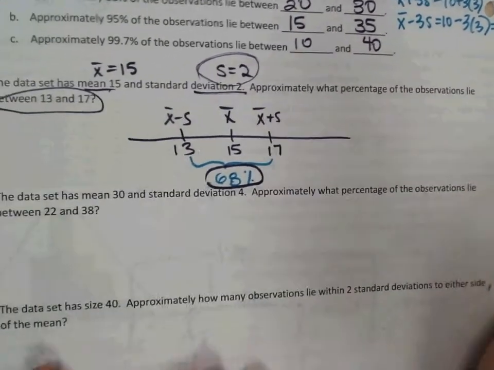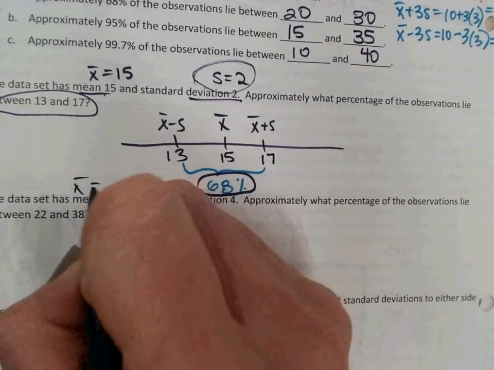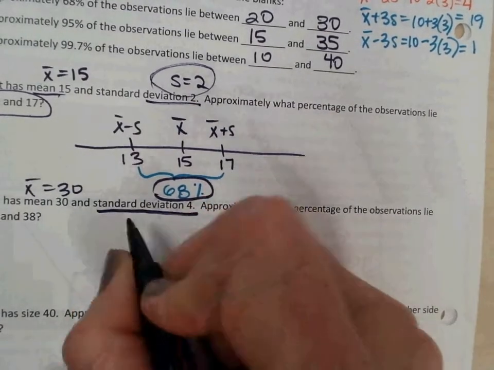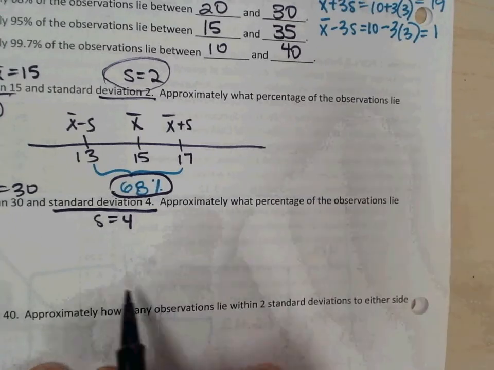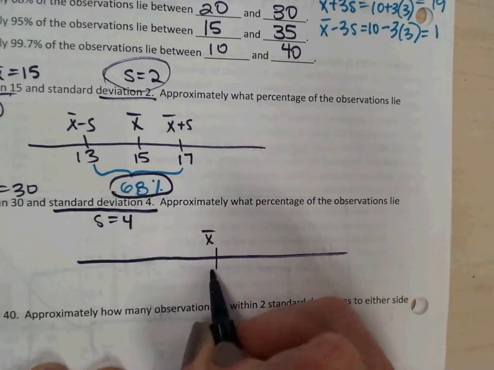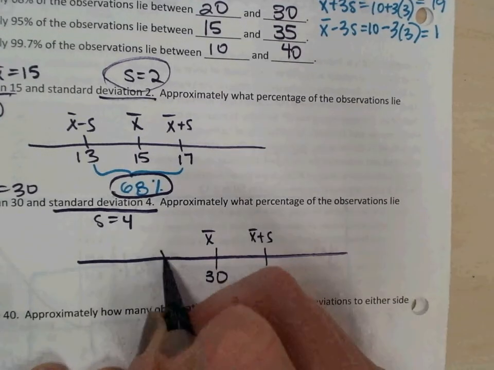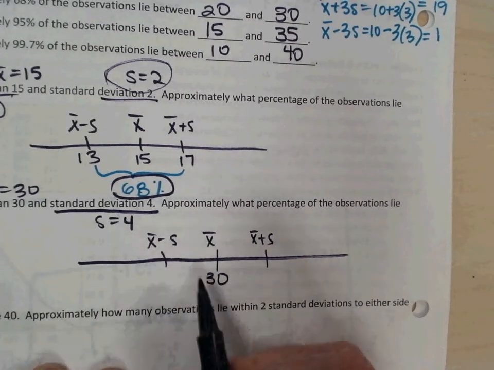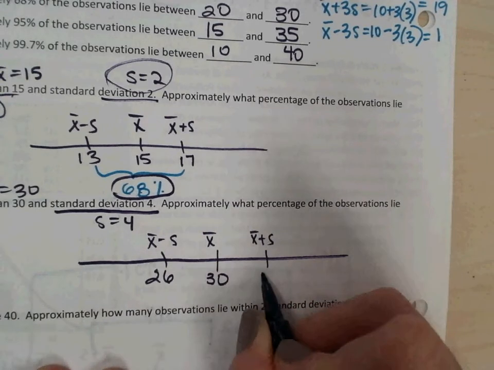Number 4, the data set has mean 30, so x bar equals 30. Standard deviation is 4. Approximately what percentage of the observations lie between 22 and 38? Again, x bar always goes in the middle. One standard deviation away, if we subtract 4, that gives us 26, and add 4 gives us 34.